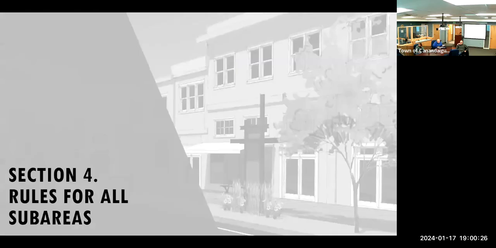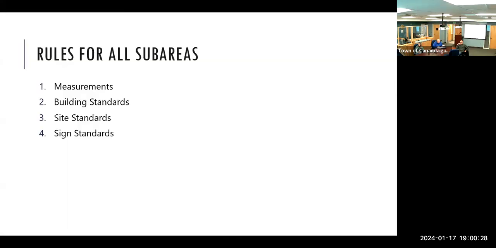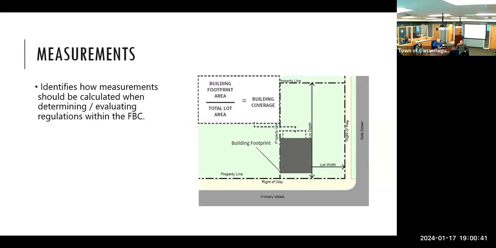So then within each of the sub areas, again, the rules generally are just how to do the measurements, how to apply the different regulations. Are there any issues with, or are any applicants coming in saying, "I can't figure out my setback or how much building coverage I'm allowed"?